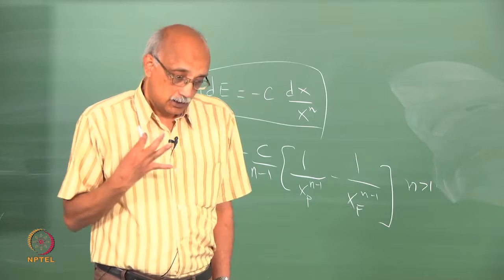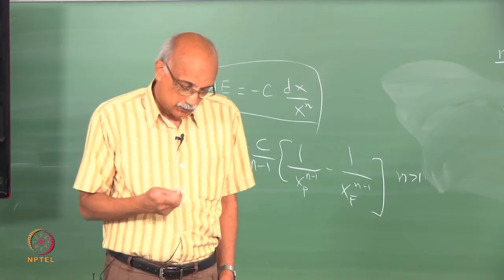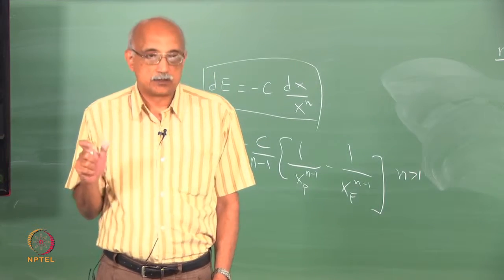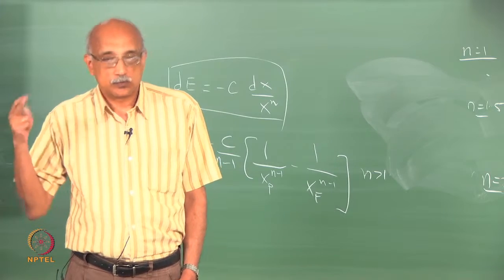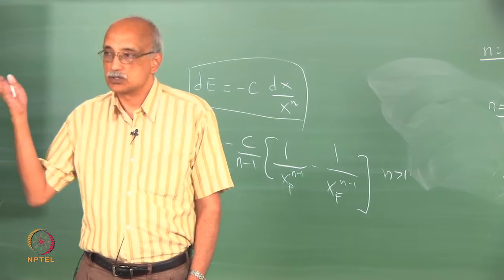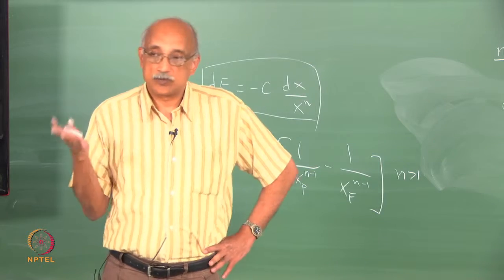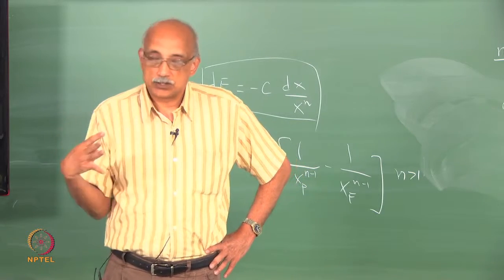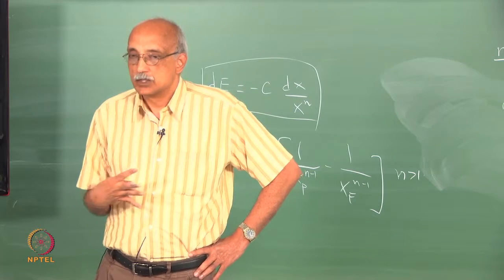Rittinger's law does not take into account the fact that different particle sizes require different energies to break down. So, to break down from 100 microns to 10 microns, the energy input that you require is going to be very different than the energy that is required to break down from 10 microns to 1 micron, right.